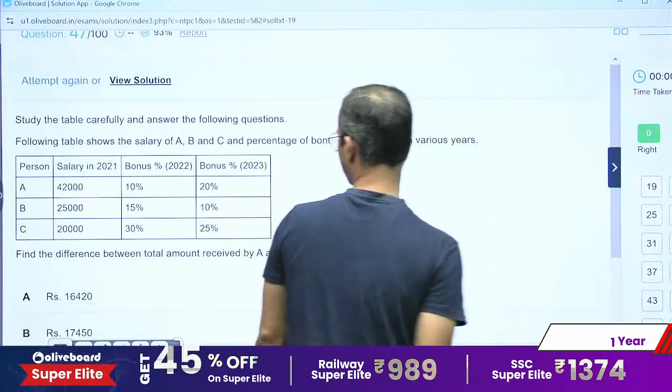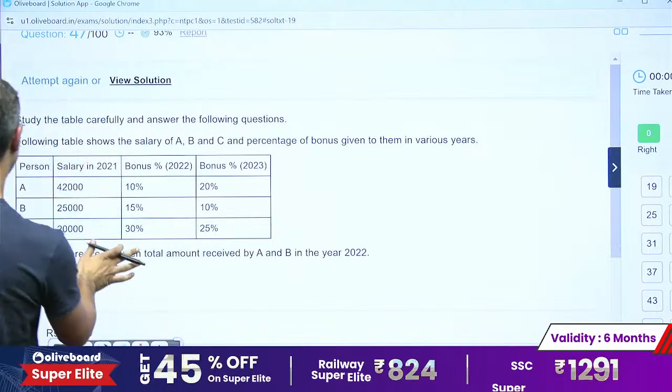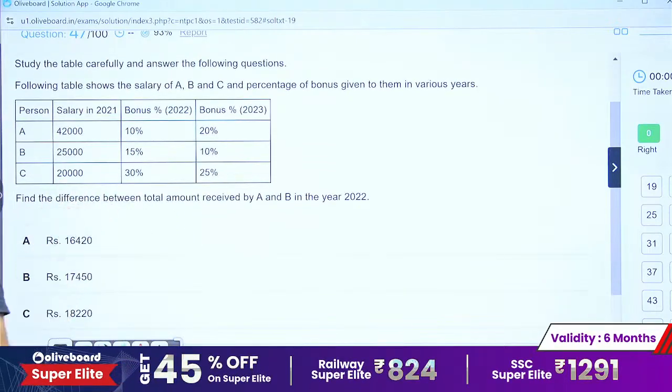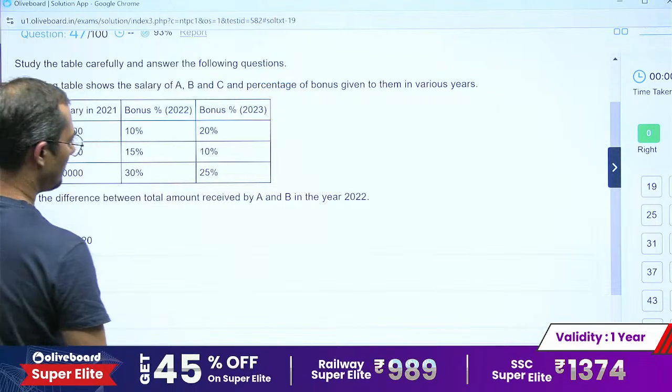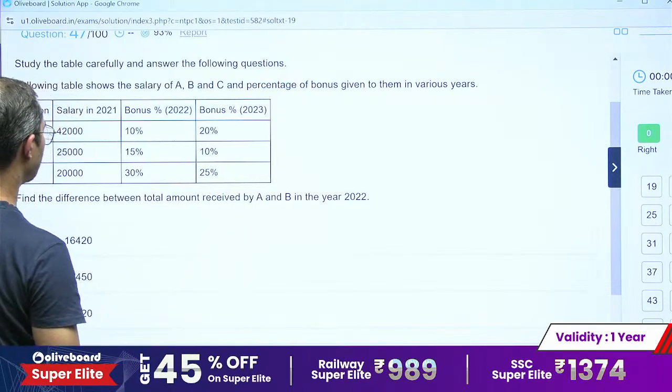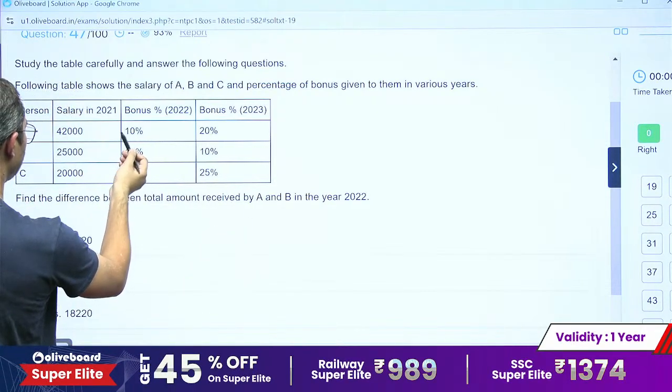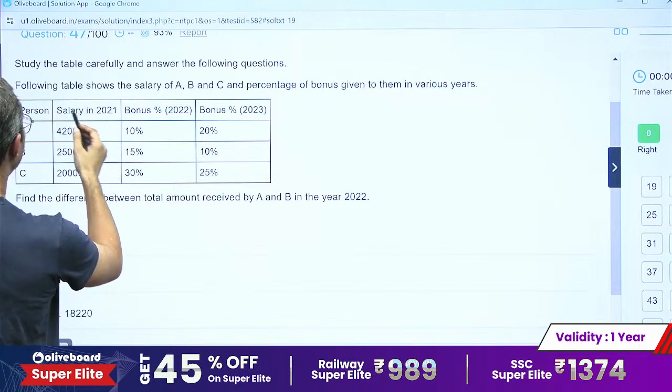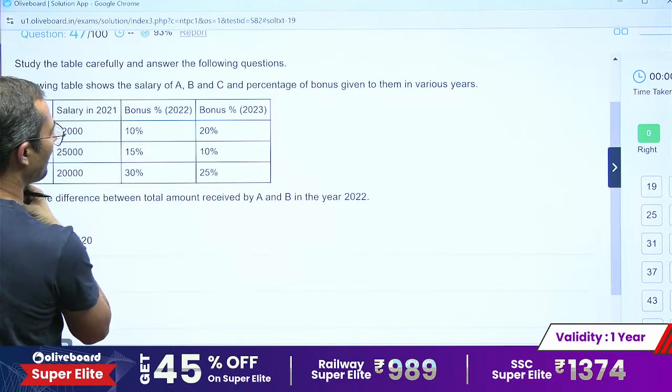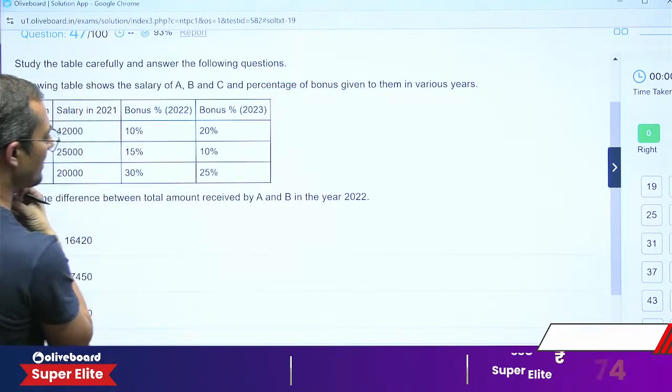Tell me what is the answer for this question. See, you have to understand the table first, right? Find the difference between the amount received by A and B in year 2022. The following table shows the salary of A, B, C and the percentage of bonus given to them.